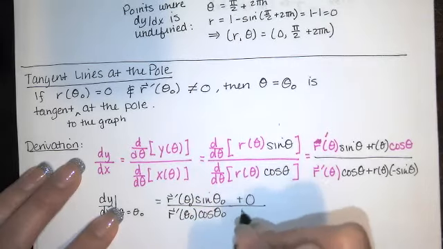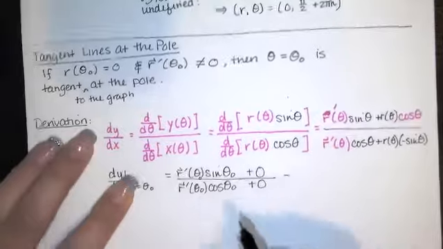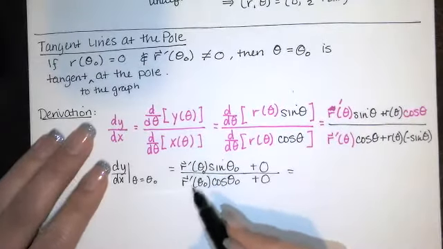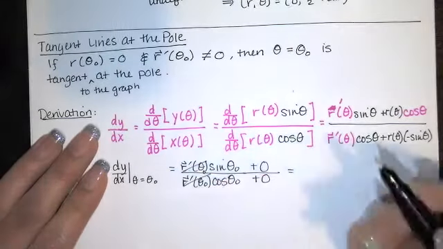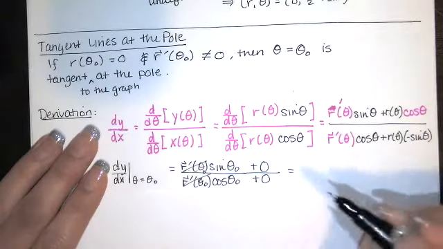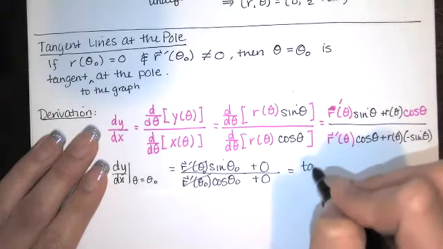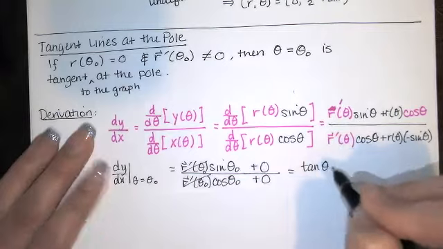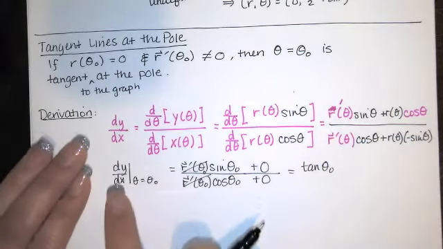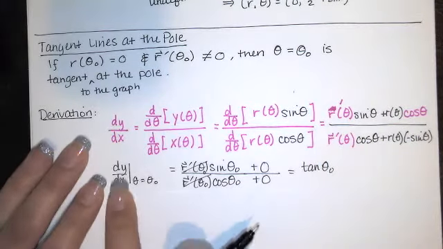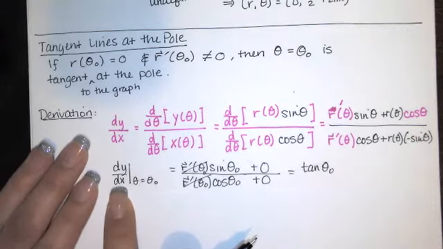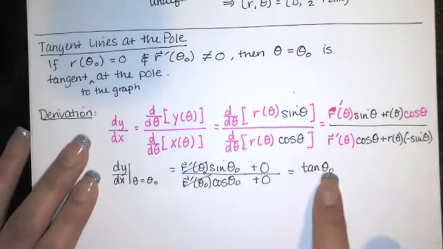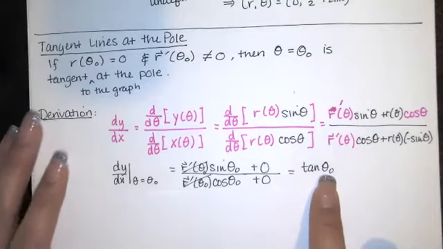And then I have a 0 here and a 0 here. Now, if these are not 0, they're just constants, so they reduce. And I have sine over cosine with the same angle. So dy dx, that's the slope at the pole, is given by tangent of theta naught.